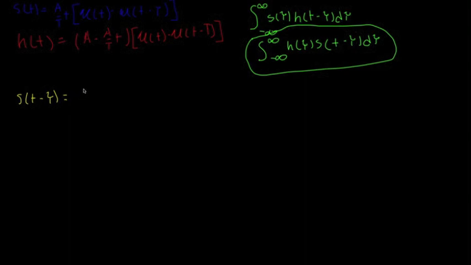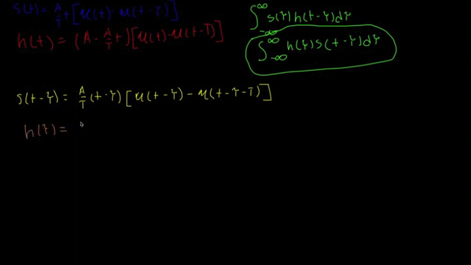So s of t minus tau is just going to be a over capital T times t minus tau, and then it is going to be times this quantity of u of t minus tau minus u of t minus tau minus capital T. And it should be pretty easy to see, we would just substitute tau in for t in h of t, and h of tau is just going to be, everywhere there's a t, we put a tau.